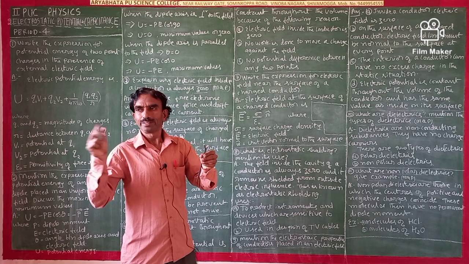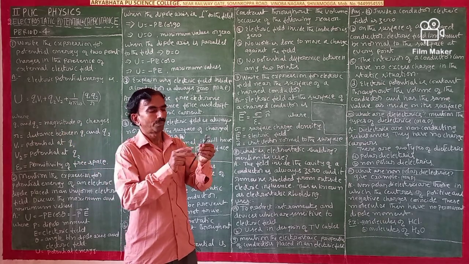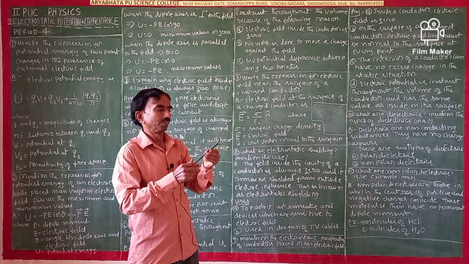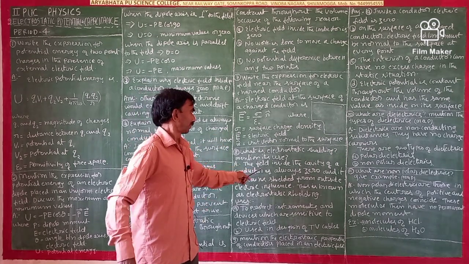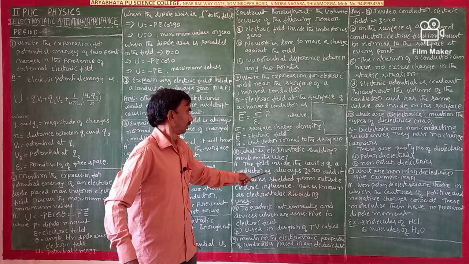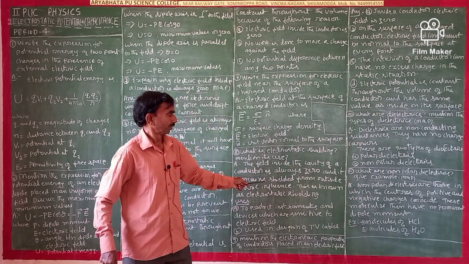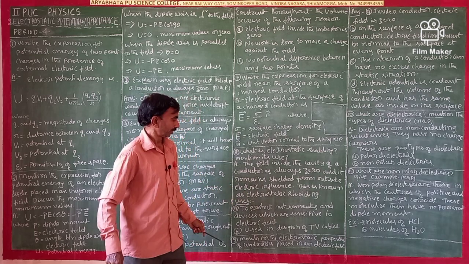It is to avoid the external field, so for that a plastic wire is wound there. The field inside a cavity of a conductor is always zero, and it remains shielded from outside electric influence.